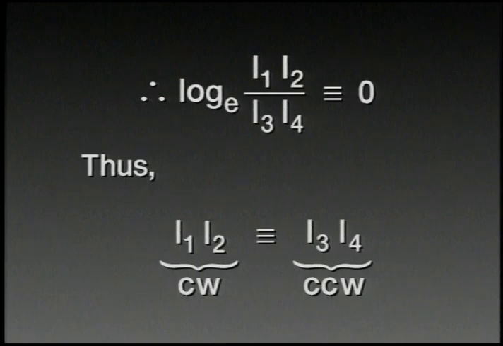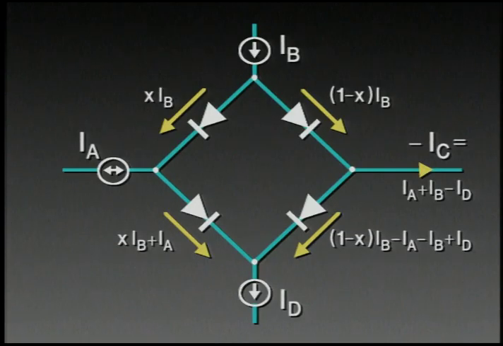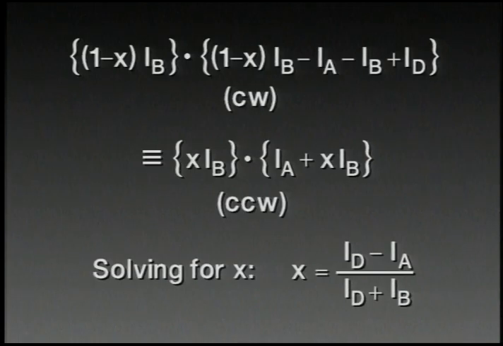Stated differently, the product of the currents in the clockwise direction is exactly equal to the product of the currents in the counterclockwise direction. Now, in analyzing the bridge, we'll first introduce a temporary variable, x, and solve for the resulting currents. In general terms, they're as shown here. If we now substitute the values of the currents in that equation shown earlier, namely the one showing the products of currents in the two directions, we have the equation shown here.